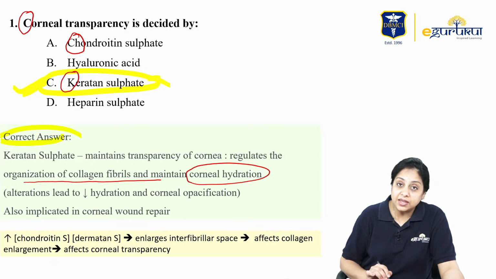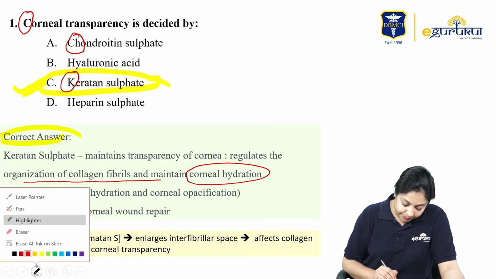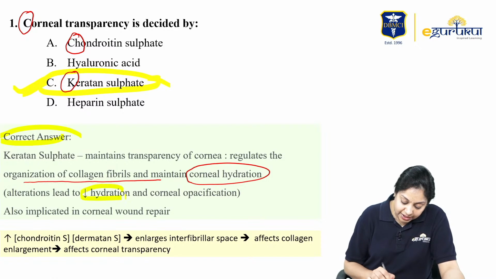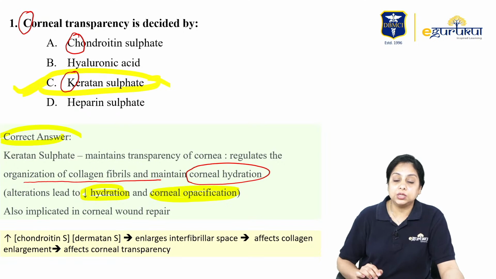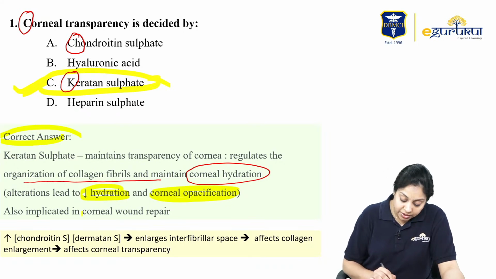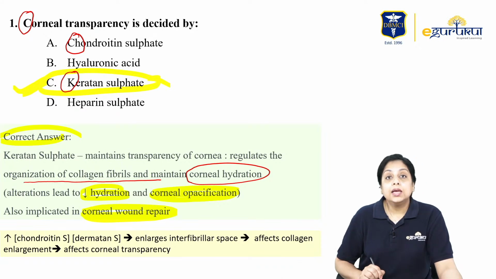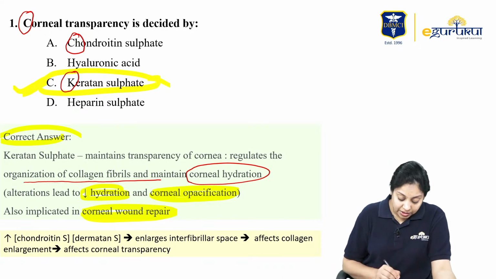You can very well imagine, if there is a deficiency of keratan sulfate, what will it lead to? Let me change to the highlighter. That is going to lead to decreased hydration and also corneal opacification, right? And corneal wound repair will also be negatively affected. They may trick you in the exam by giving chondroitin sulfate and dermatan sulfate.